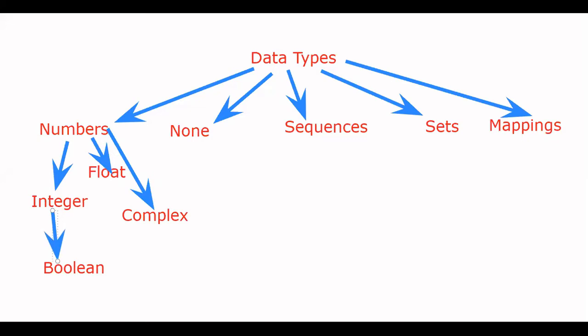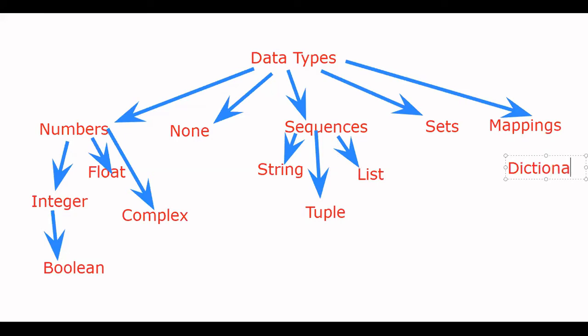And sequence is again divided into 3 parts. That is string. String is a sequence of alphanumerical type. Then you have tuple that you will learn a little later, and you also have list. Again, you will learn this a little later. These are all types of sequences: string, tuple, and list. And finally, under mapping, we have dictionary.